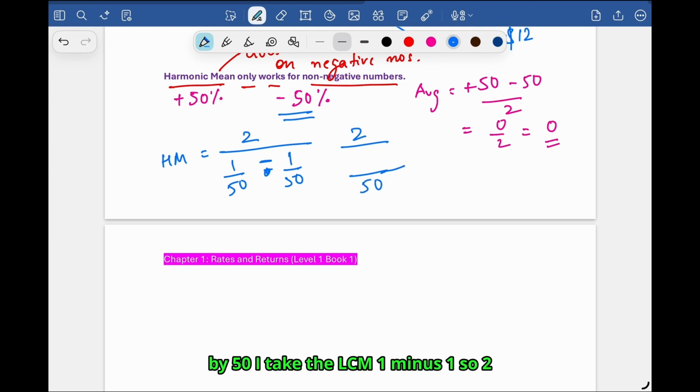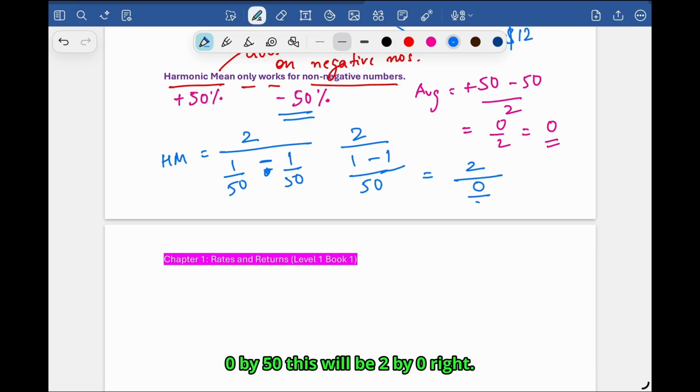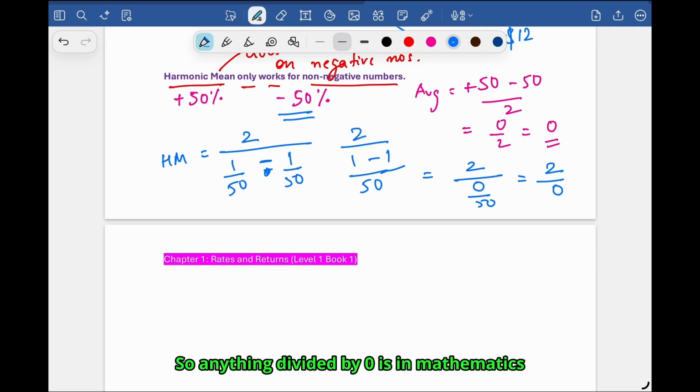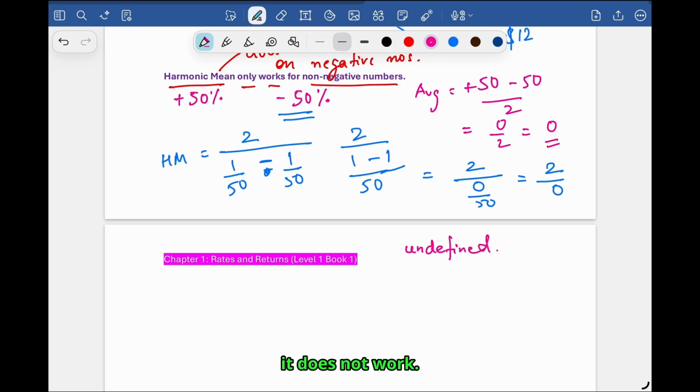I take the LCM: 1 minus 1, so 0 by 50. This will be 2 by 0, right? Anything divided by 0 we cannot define in mathematics, so it is undefined. So it does not hold.